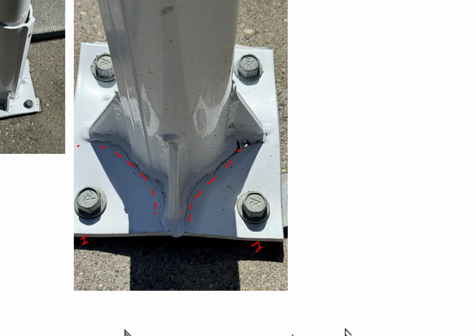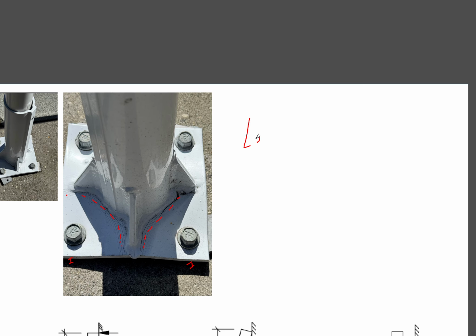So this is the yielding along this line. There's an important quantity called L_eff, the effective T-stub length. You need to pick your yield line. When it is a curved one, imagine this is a straight line: you unfold it, so this line becomes a straight line. The longer the straight line you get from your failure mode, the better the yielding capacity of your base plate will be.